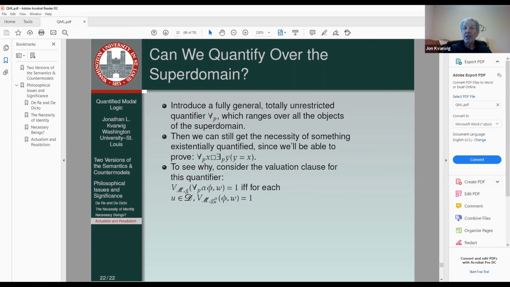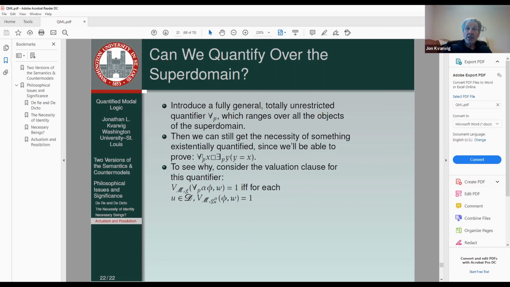Let's just assume that there aren't any, so that this does no work. So for each u in the domain, now notice that this big D domain is the superdomain, not the subset of the superdomain for the world W.